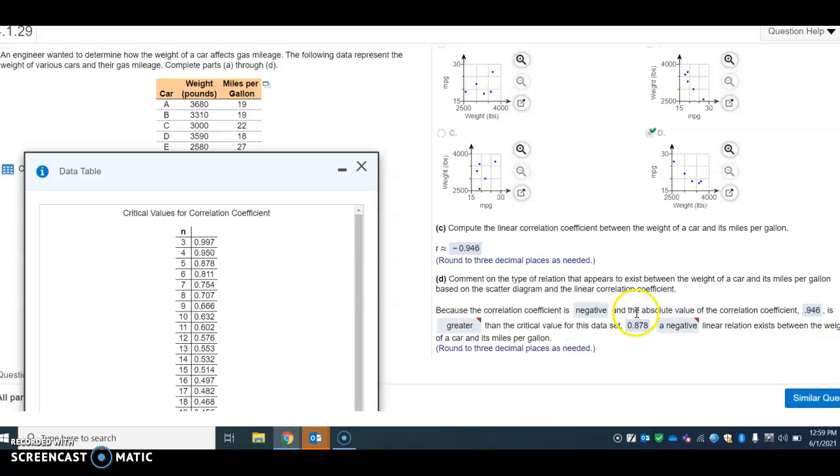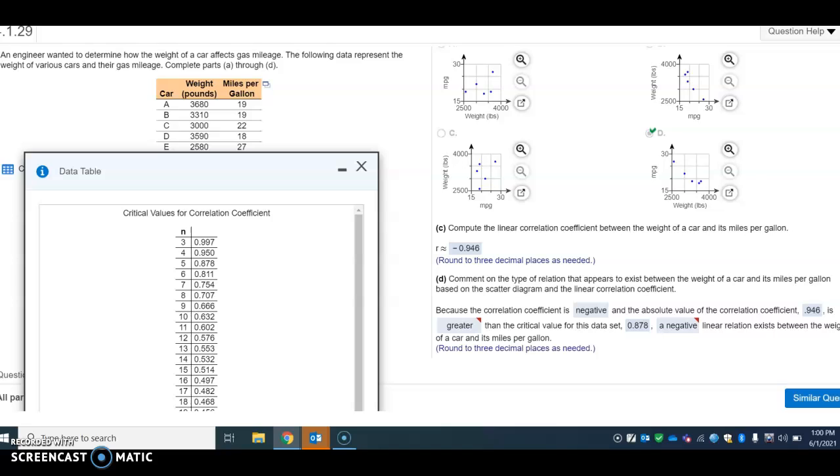So we're saying as long as the absolute value of our correlation coefficient is greater than this critical value from the chart, then we do know that we have a linear relationship, which means it's pretty close to a straight line. And it just happens to be negative in this case because the points are going in a downward pattern.